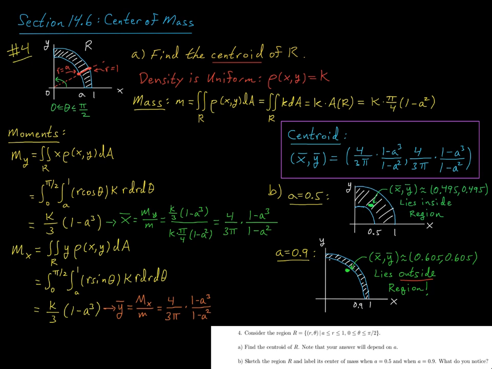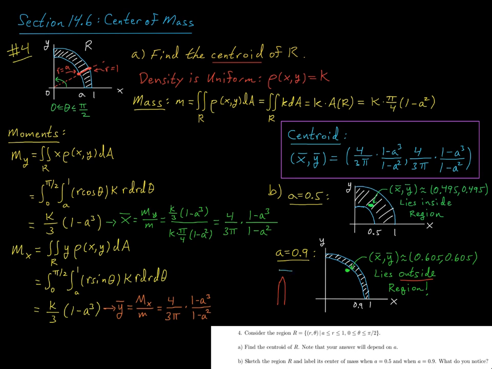Now I've noted previously that this interpretation of the center of mass is just this balance point. While it does lead to a good physical interpretation of what center of mass is all about, you have to be a little careful in scenarios like this, where the center of mass does not lie in the region.